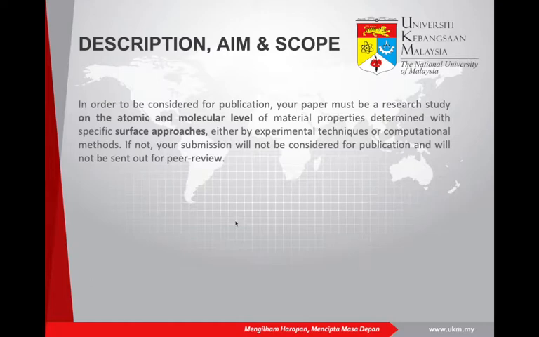So from the title and the abstract themselves, they can decide whether the work is within the scope and aims of the journal, and whether it can be submitted further for peer review. If your paper does not satisfy the criteria that they have set, it will be stuck at the editor's level.